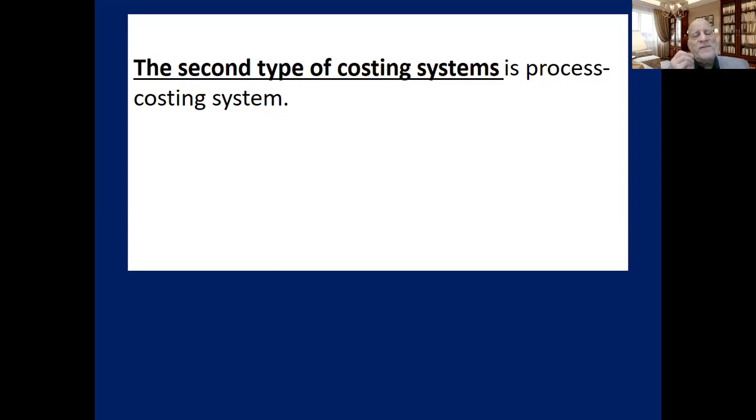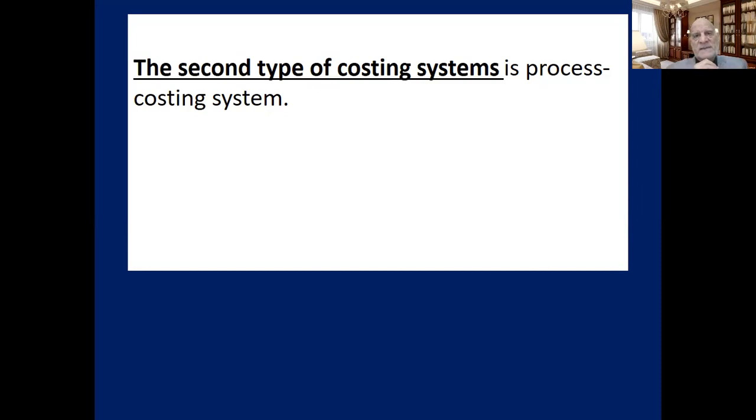In this type of system, we divide the total cost of producing an identical or similar product by the total number of units produced to obtain a per unit cost.